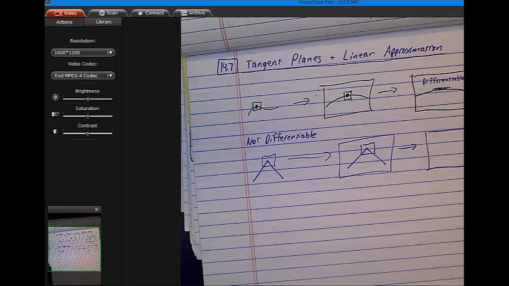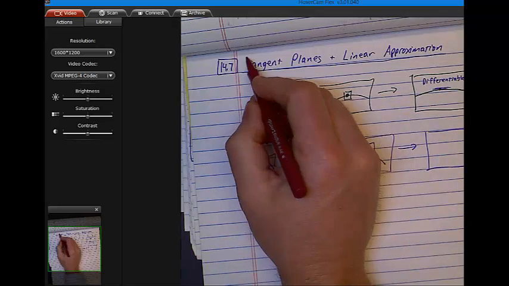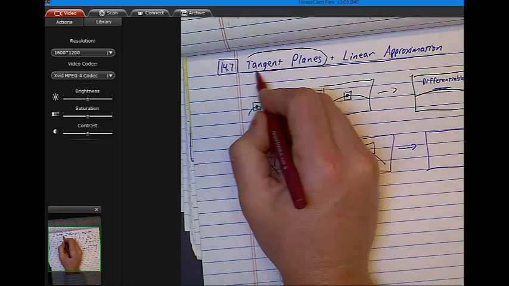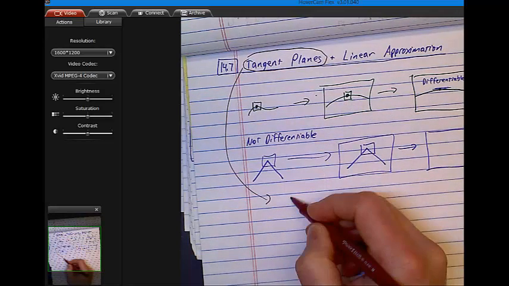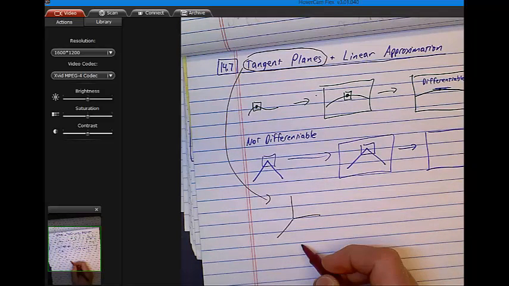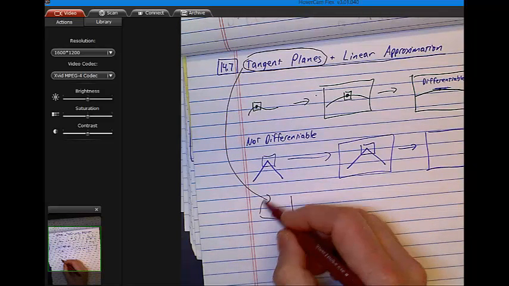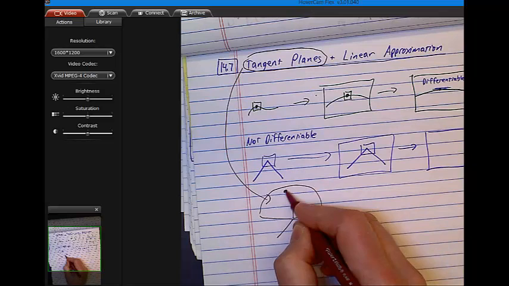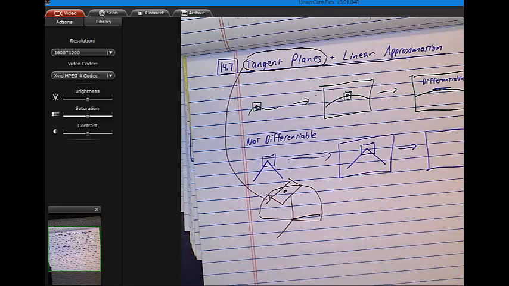So if we want to extend our ideas today of linear approximation, we have to talk about what it means to be differentiable. And what we decide is that the best way is the existence of what's called a tangent plane instead of a tangent line. I have some surface, and some point, and a tangent plane. That's the picture we're going to have today.